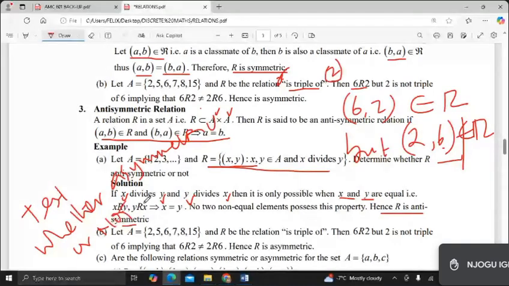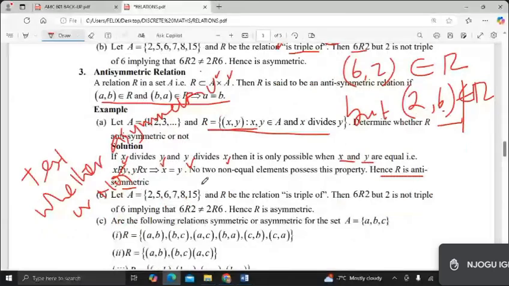And as I've told you, an exercise is to test whether it is asymmetric or not. That is when you will get to know whether indeed there is a difference or not.